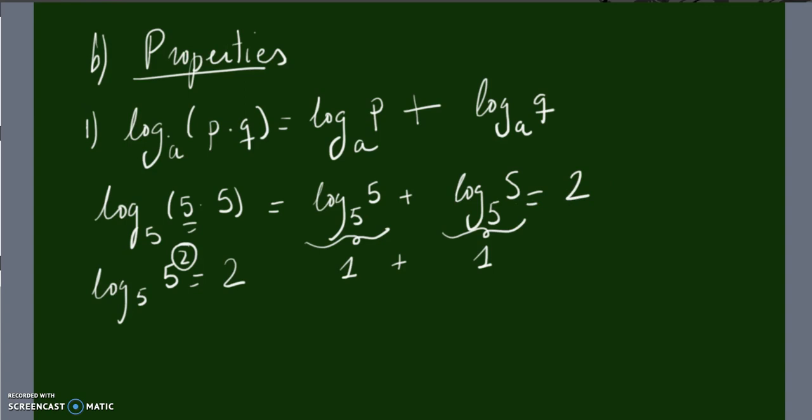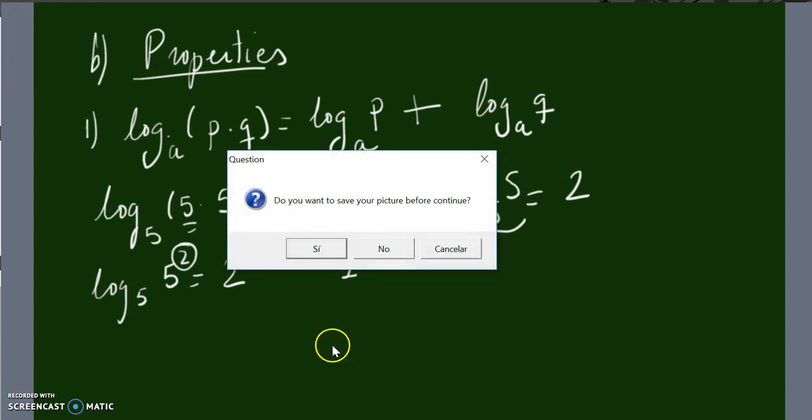Second property, the division. If you have a fraction, a division of p over q, you can transform this into a subtraction of logarithms.